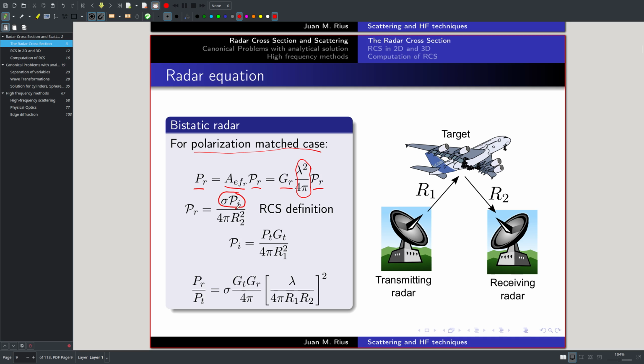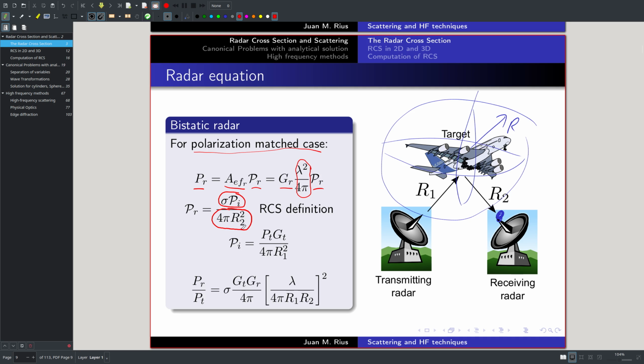This area radiates this intercepted power, and the radiated power density or scattered power density will be the total re-radiated power over the surface of the radiating sphere, that is 4 pi r squared. Now it is R2, because R2 is the distance from the target to the receiving antenna, so this is R2 to the receiving antenna here.